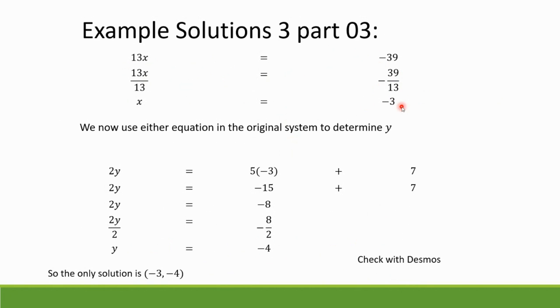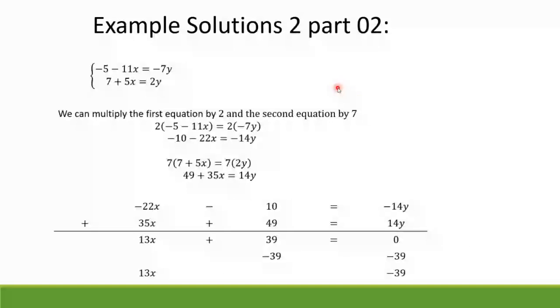And really, that's the hard part, okay? So we get x is minus 3. Let me just summarize again. By elimination, if we add the equations right away, nothing's going to cancel. The variables won't cancel.